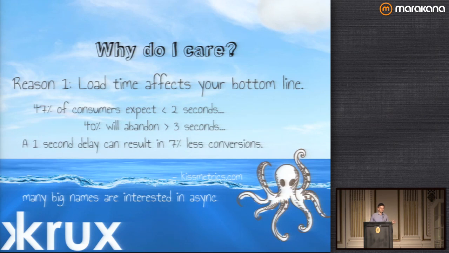I'm going to tell you about document.write and show you some of its idiosyncrasies. Then I'm going to talk about a few approaches to making it asynchronous. And finally, I'm going to talk about some products that use those approaches and the pros and cons of each.